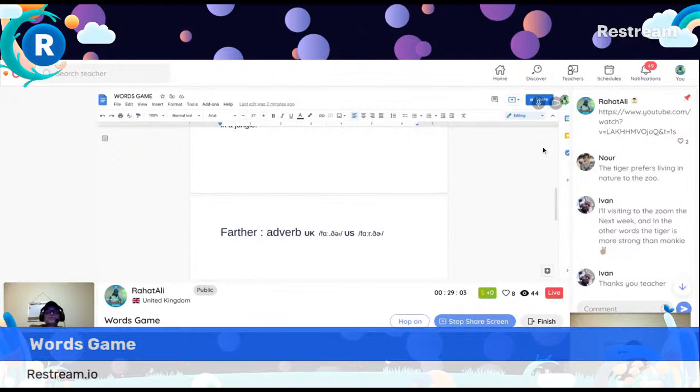No problem. So if it is a future tense, before that, let me give the examples for farther and further.